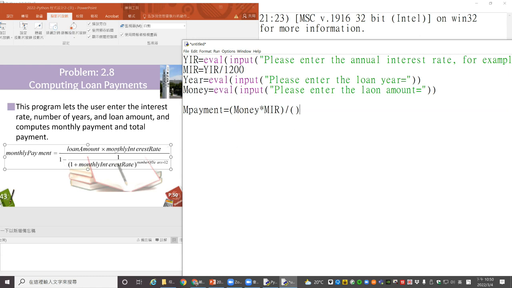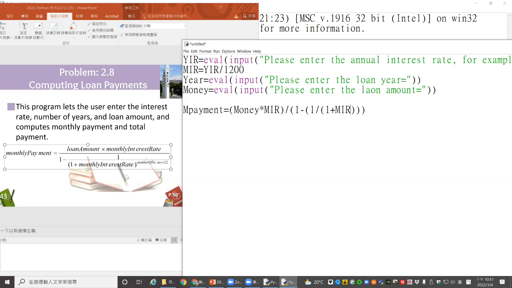So I will type 1 here. And subtract is also a division here, another division. 1 divide 2 here. 1 plus monthly interest rate. Again, monthly interest rate here.